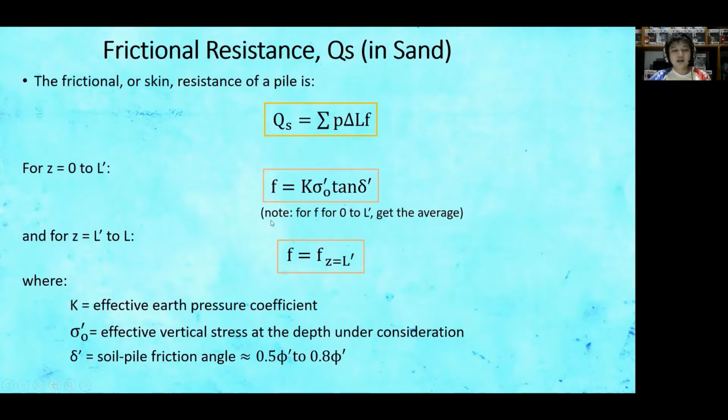Again, K is the effective earth pressure coefficient, sigma O prime is the effective vertical stress at the depth under consideration, and delta prime is the soil to pile friction angle that is approximately equal to 0.5 of phi prime to 0.8 of phi prime.